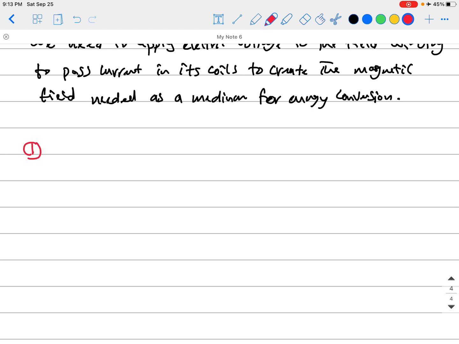You have three different ways to do this. The first one we call a separately excited DC machine. What is this? Basically, from its name, it's separately excited.